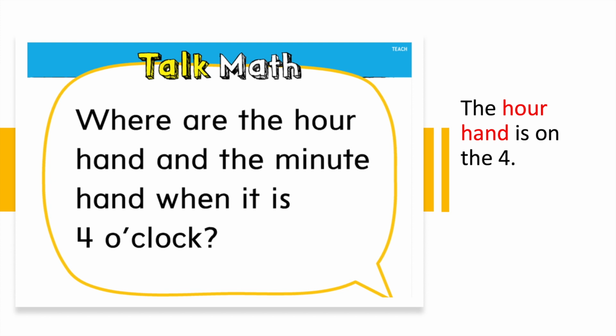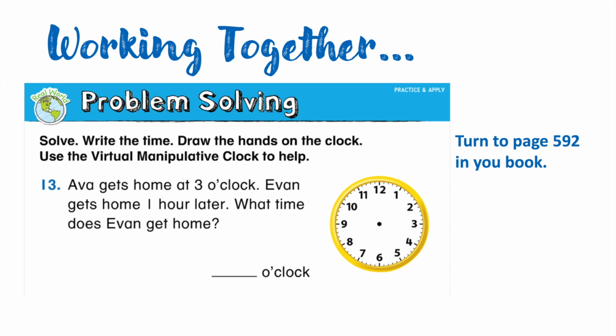Okay. The hour hand is on the 4 and the minute hand is on the 12. And that would show us 4 o'clock. Excellent job, mathematicians. Now I want you to turn to page 592 in your math book, and we're going to solve problem 13 together.